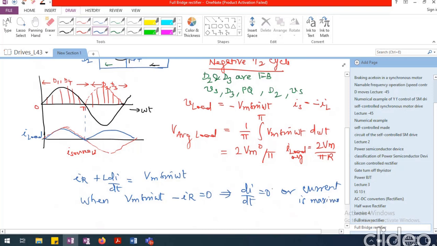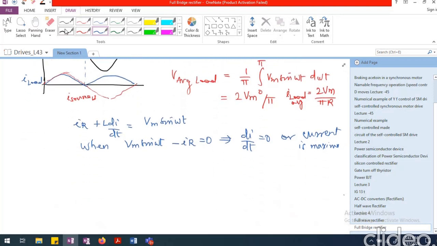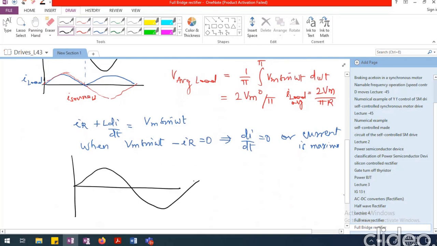If I draw the waveform again for the RL load, this is my sinusoidal voltage, and initially the current starts from 0 and slowly rises. If R is just 1 ohm, at this point Vm sin omega t, or Vs, is equal to IR.